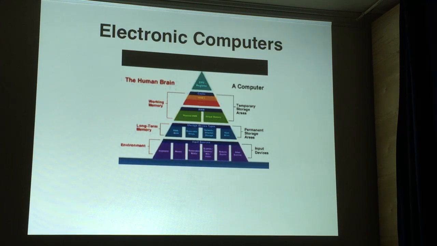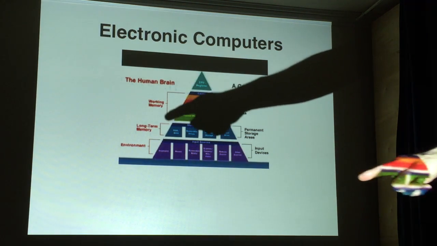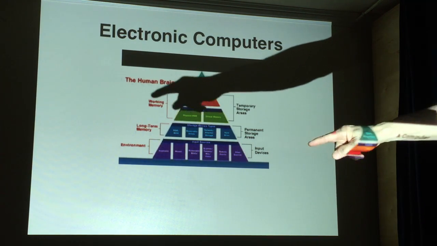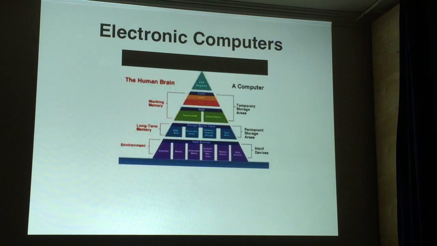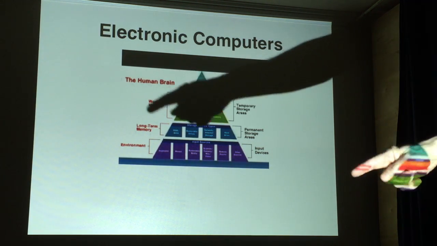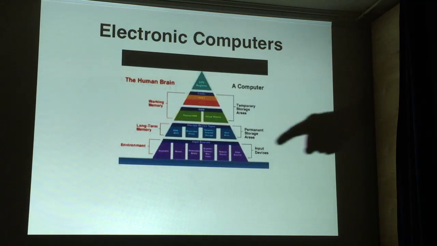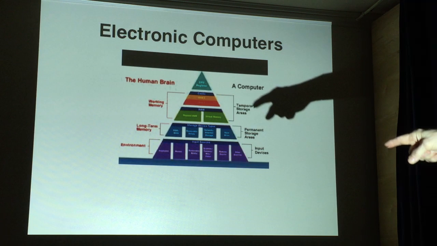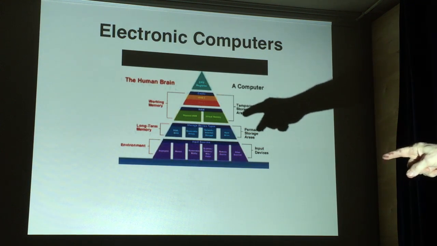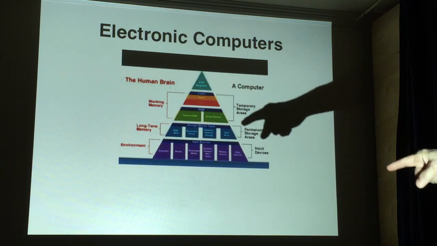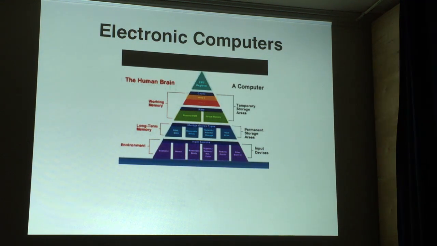Whenever we do things as humans, we bring things out of our long-term memory into our working memory. And in our working memory is where we do computations that are right in front of us. Then after we finish whatever we're doing, we tend to forget this, or we bring something else into the working memory. This is analogous on the computer to the RAM, which is temporary storage, and more permanent or mass storage below that, on the right here.